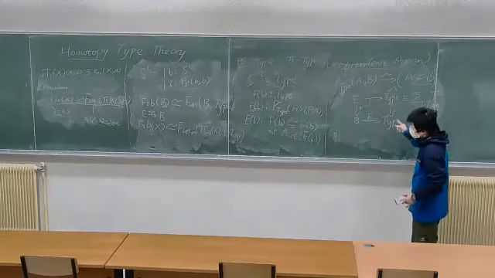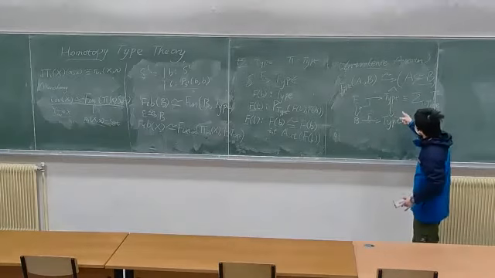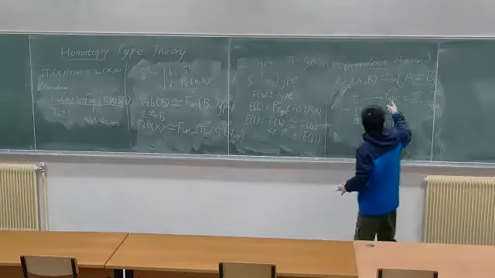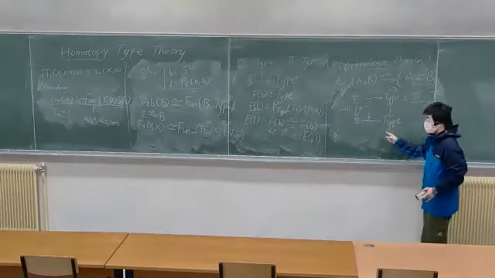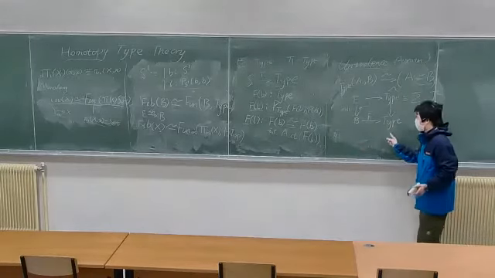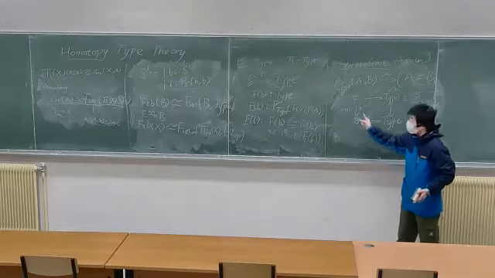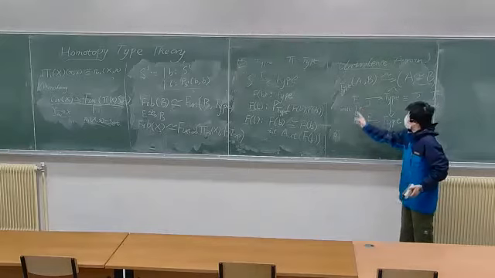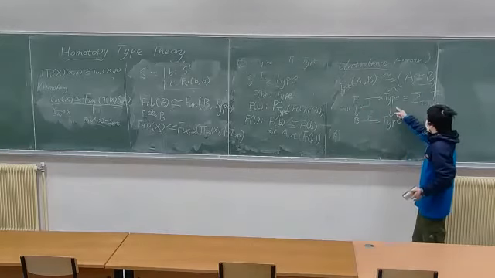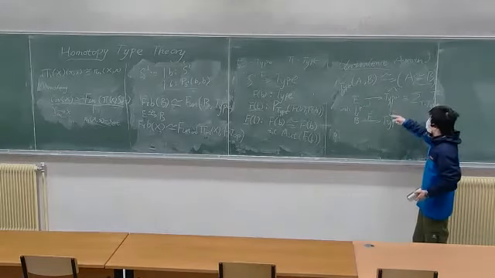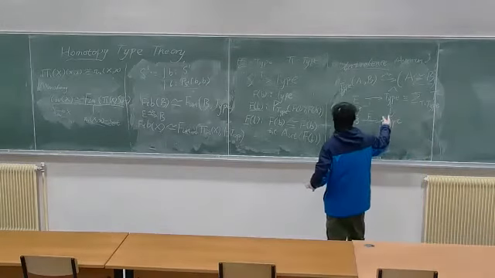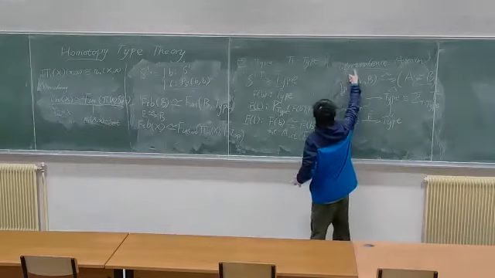univalence bundle. Why is it called univalence? Because there are only small spaces. I mean, these are only small spaces. So we only classify the small fibrations between A and B. So we cannot call it universal, but we can call it univalence.